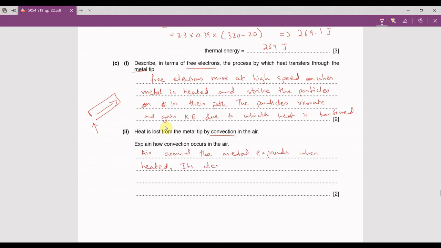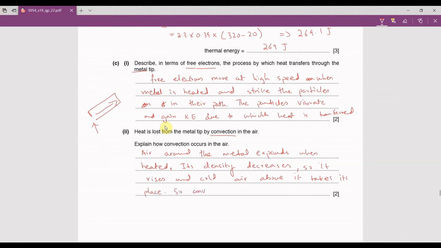Its density decreases when it expands, so it rises, and cold air above it takes its place.